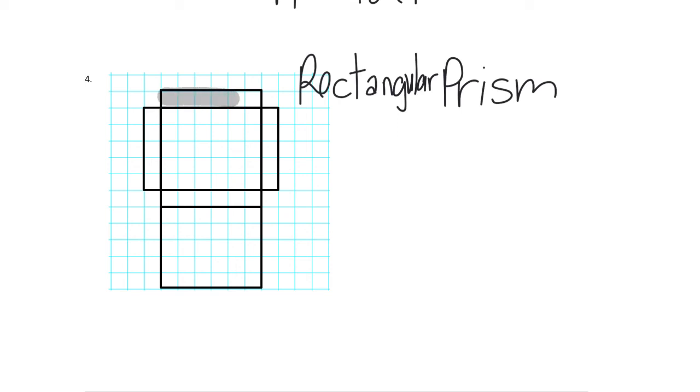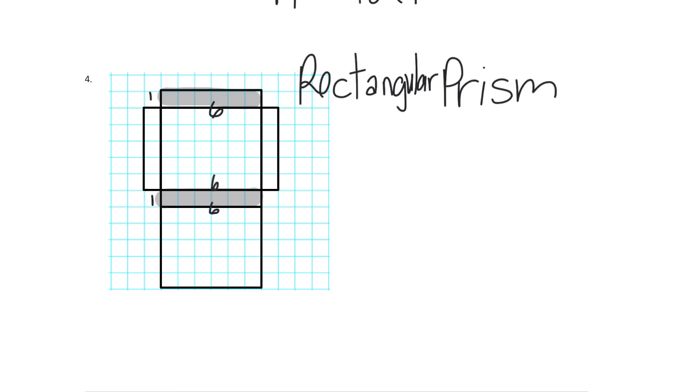Now I look at the small rectangles, and this one is 6 by 1. And I can see that this one right here is also 6 by 1.